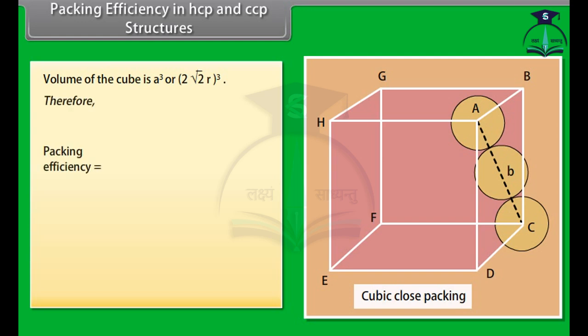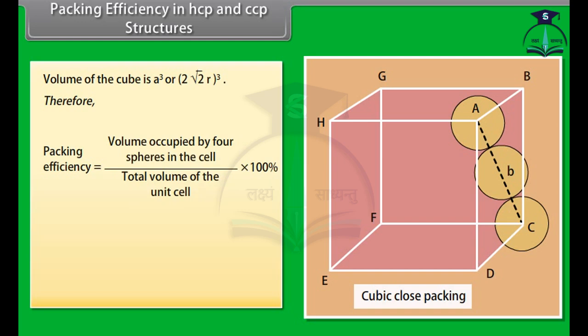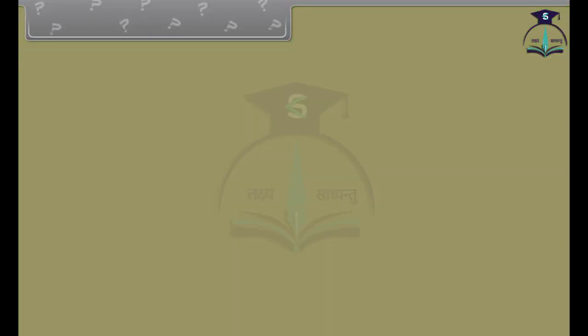Therefore, packing efficiency is equal to volume occupied by 4 spheres in the cell into 100 upon total volume of the unit cell %, which is equal to 4 into 4 upon 3 pi r cube into 100 upon (2 square root 2 r) cube, which is equal to 74%.